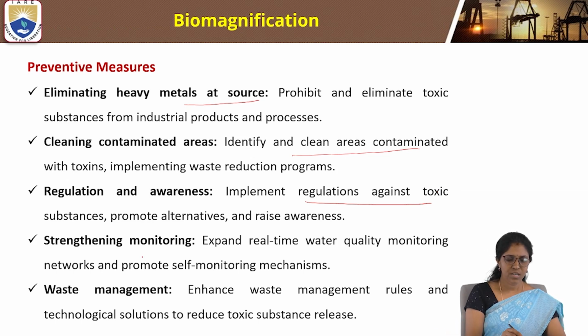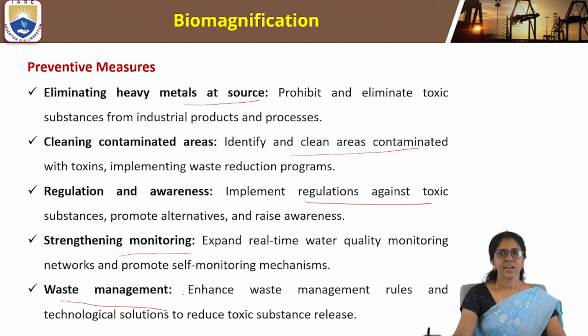Strengthening monitoring: expand real-time water quality monitoring networks and promote self-monitoring mechanisms. Waste management: enhance waste management rules and technological solutions to reduce toxic substance release. These are some of the preventive measures.